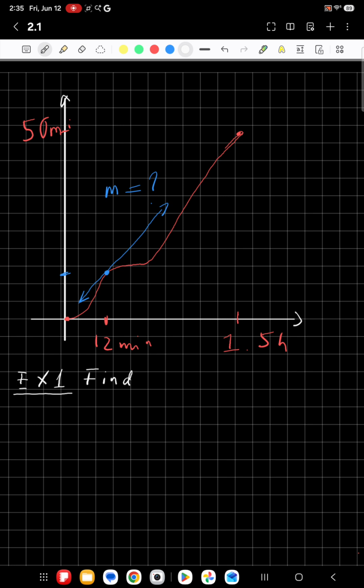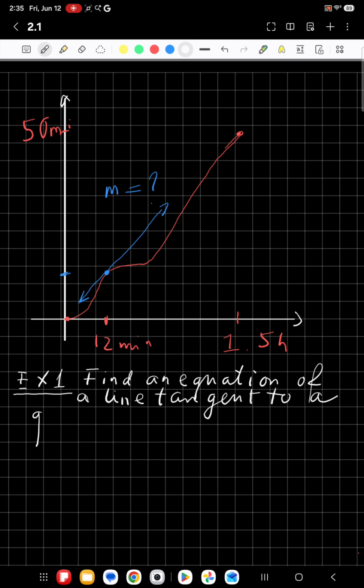Find an equation of a line tangent to a graph of, let's take just a simple curve, x squared, that basic parent parabola, at point P, and the coordinates are 2, 4.